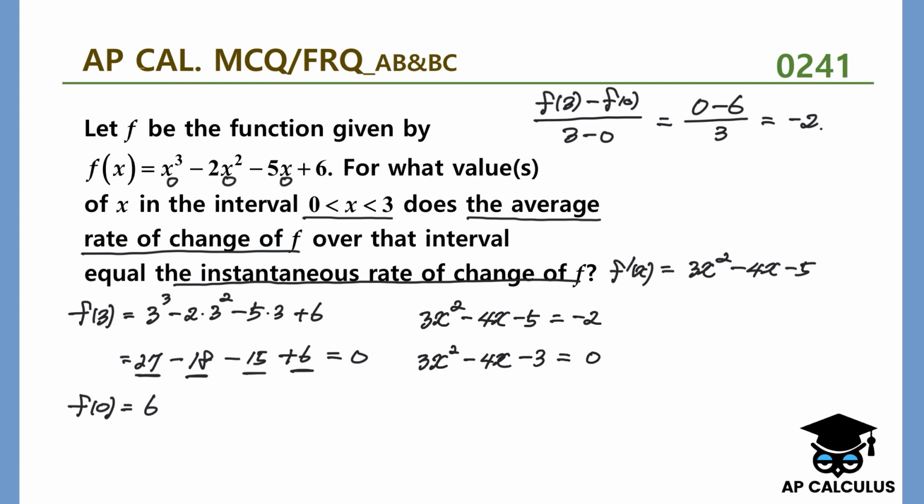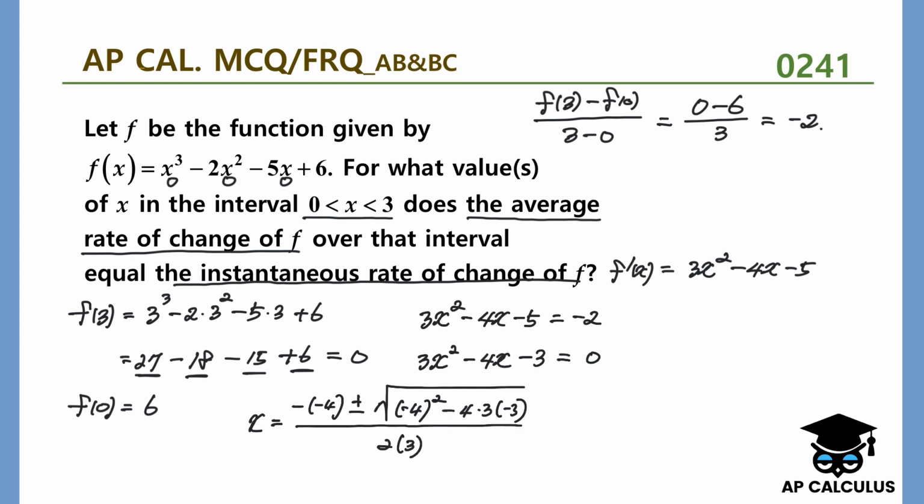So the quadratic formula: x is equal to negative b plus or minus the root of b squared minus 4ac, over 2a, right? 2 times 3. So that is equal to a positive 4 plus or minus. Let's simplify inside of the radical right here. 16 plus 4 times 9, 36.